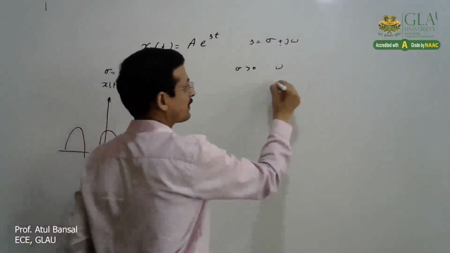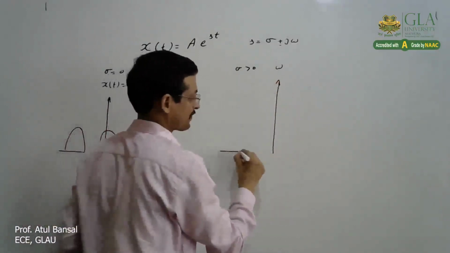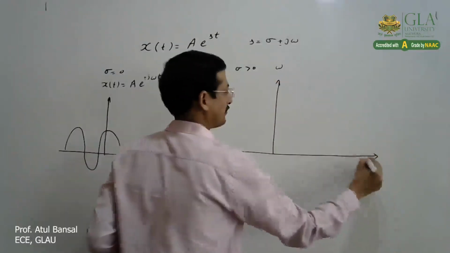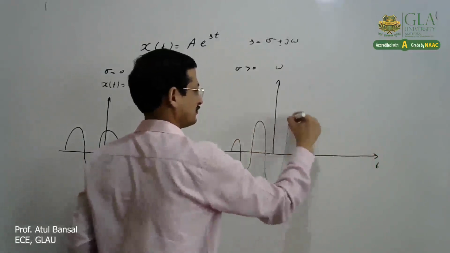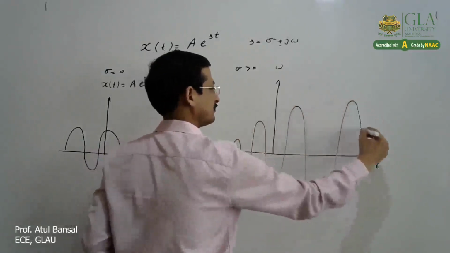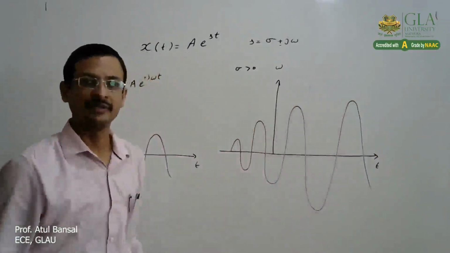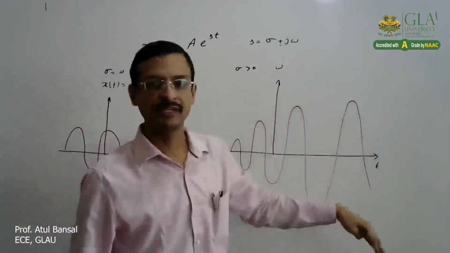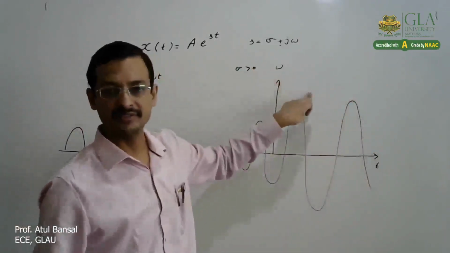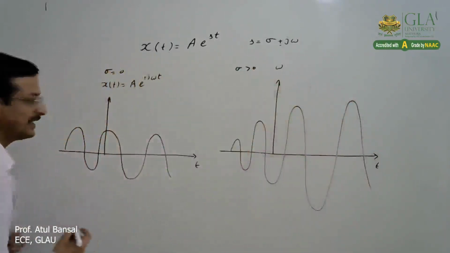So this will look like this kind of curve. That is, it will be exponentially growing on both the positive and negative side for sigma greater than 0.